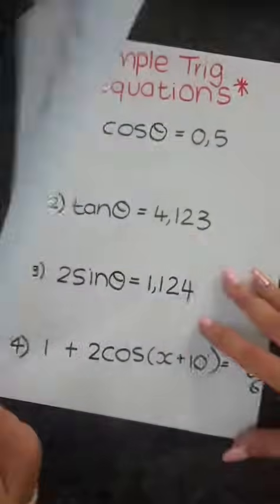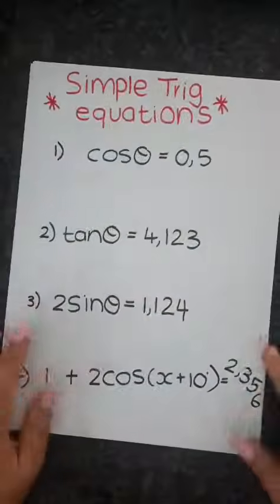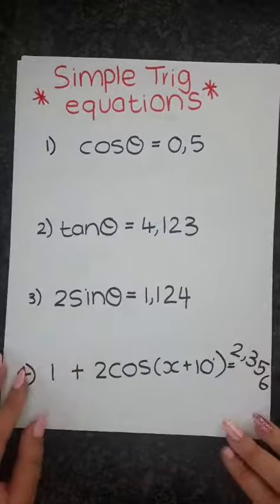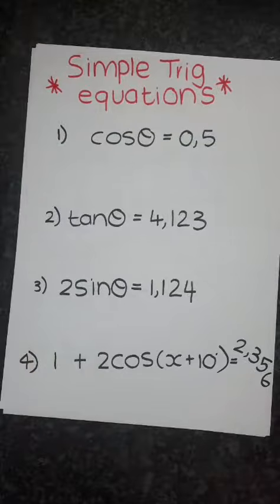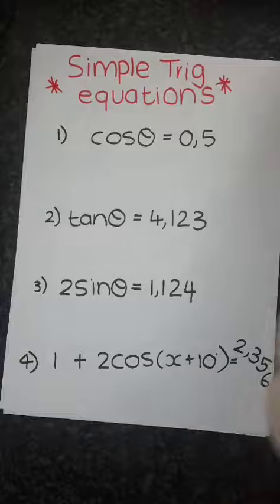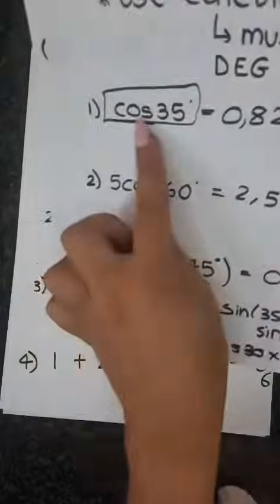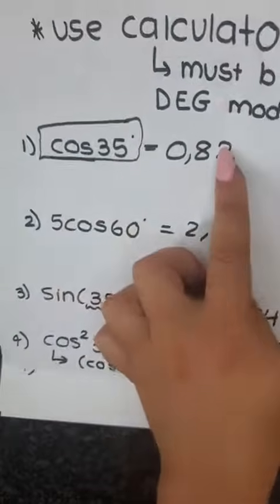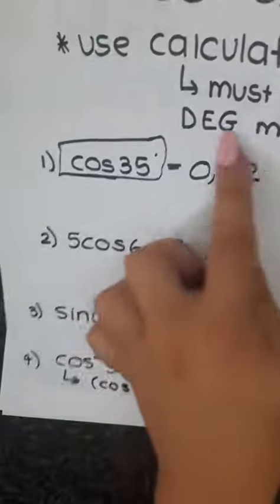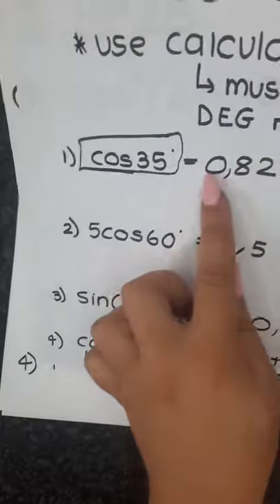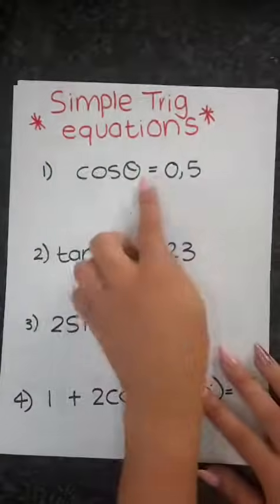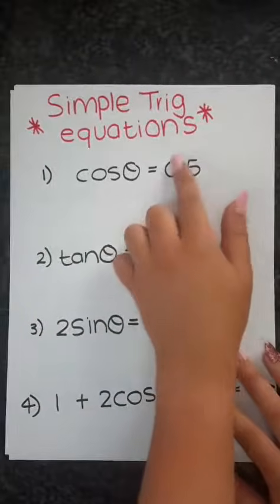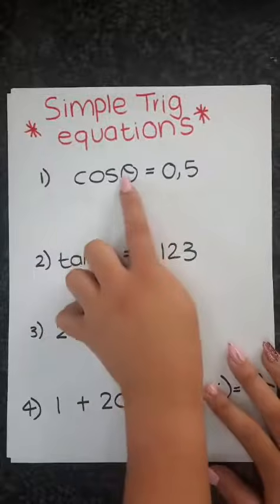Woo, awesome. Okay, now, very, very simple trig equations. In the previous exercise, I gave you the angle and I wanted the value of the ratio. Here, I am giving you the value of the ratio, but I want the angle.